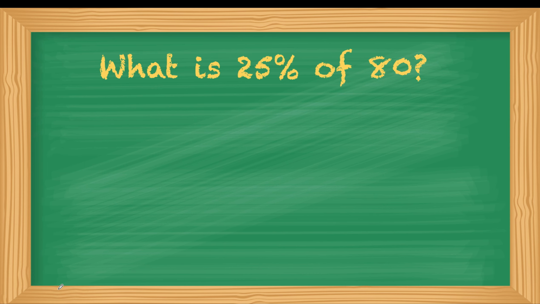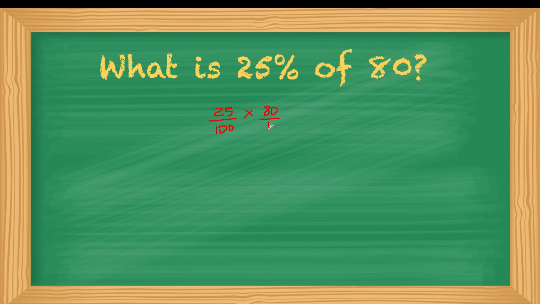Now the other question we have is, what is 25% of 80? Same procedure, so we're going to have 25 over 100, being that is 25%, and we're going to multiply this by 80 over 1. So we're going to put 80 in a fraction form.